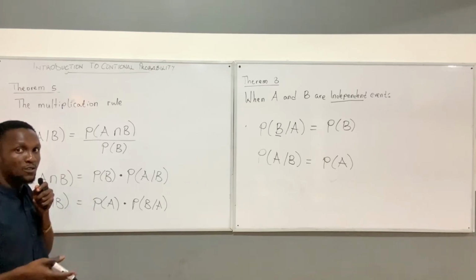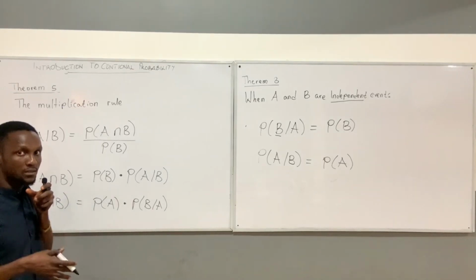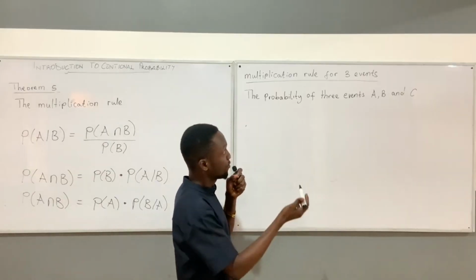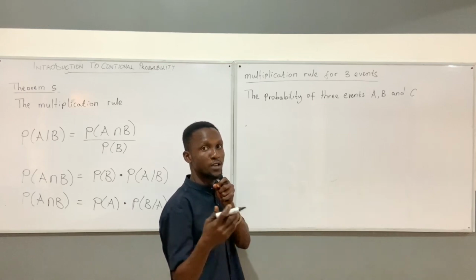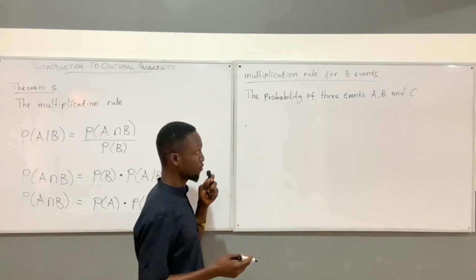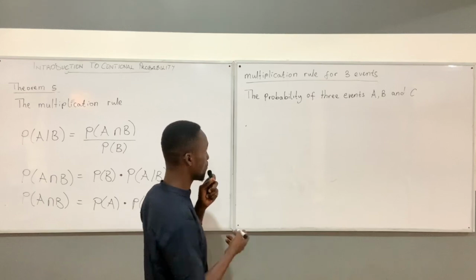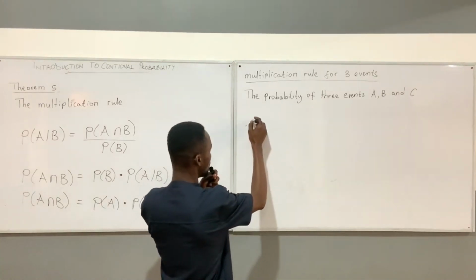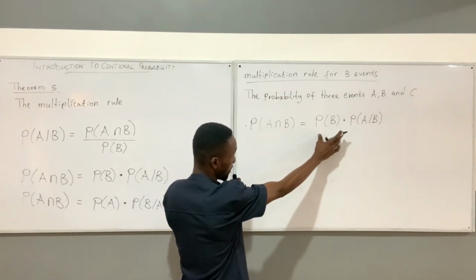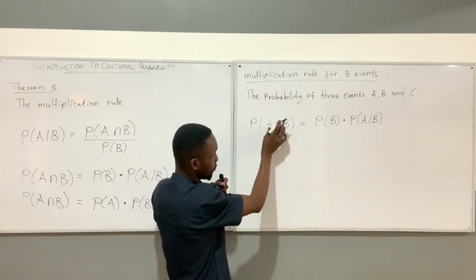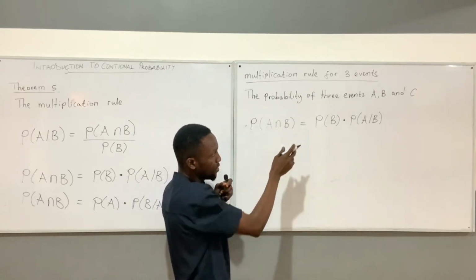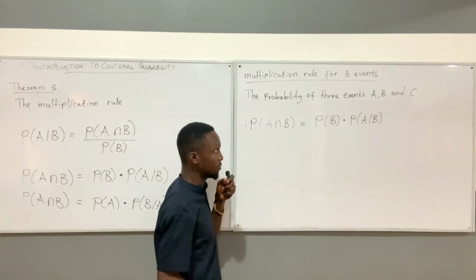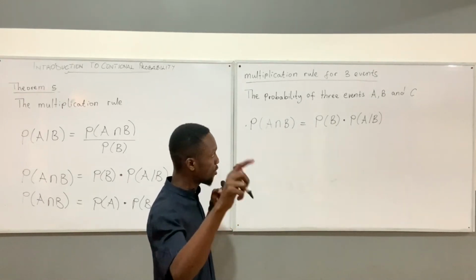So let's talk about what if we have multiple events, like 3 events occurring at the same time. Now, what if we have 3 events? Event A, event B, and event C. From this, we can apply the same multiplication rule. From the multiplication rule, we learn that if the events are 2, we have this that we have here. Now look at this. For 2 events, we take the event of A and B occurring at the same time times the probability of B times its conditional probability. But if the events are 3, what are we supposed to do?